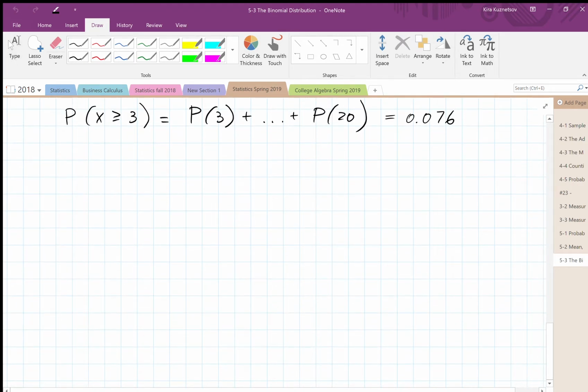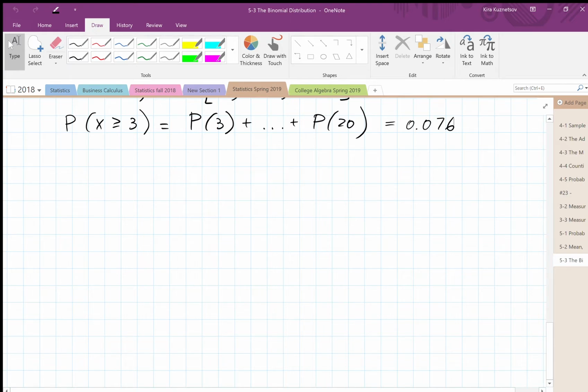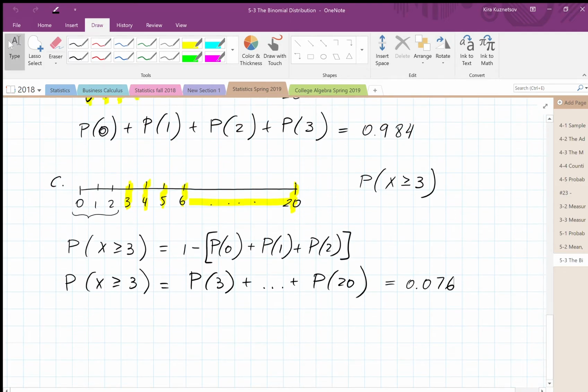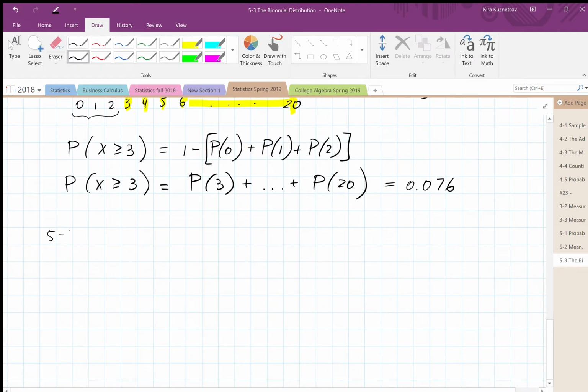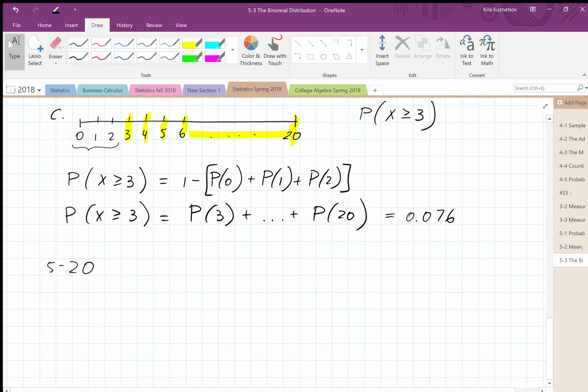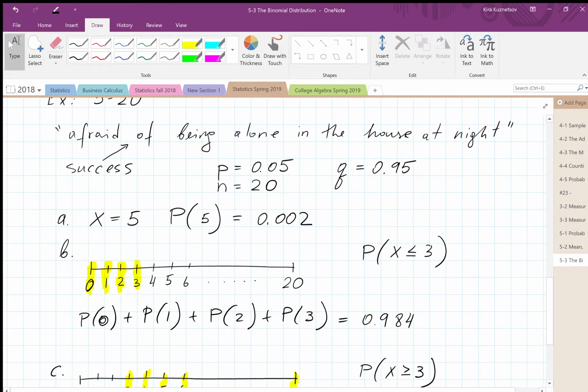The last thing in 5-3 is the mean, the variance, and standard deviation of a binomial distribution. Now the chances are, if you draw a histogram of those with n equal to 20, you'll notice there is a bar in the middle. So if you take a look at this 5-20 example, you could draw these up.